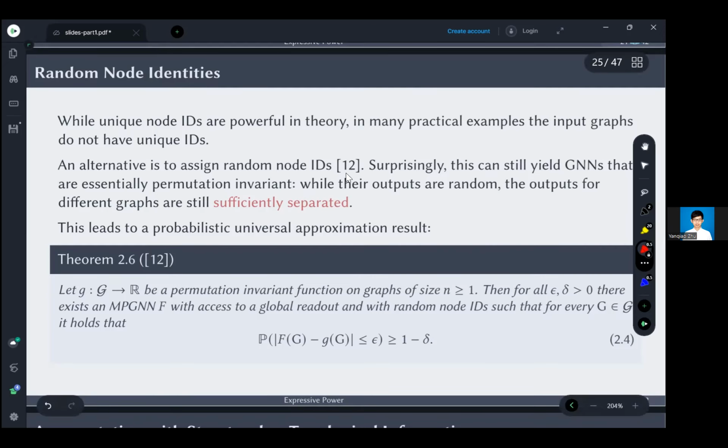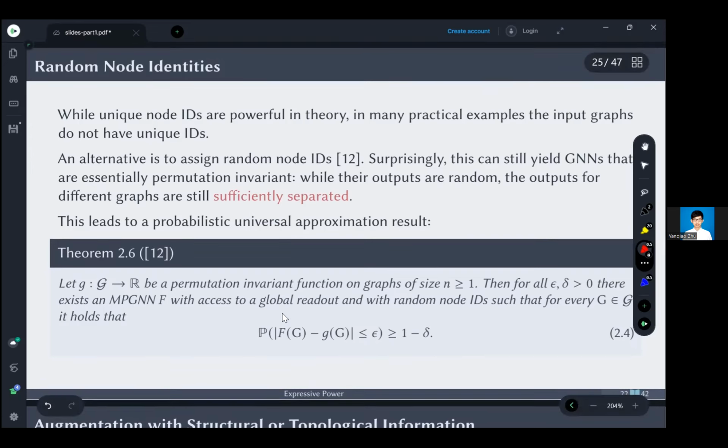This paper claims that if you assign the node identities, meaning you use the node identities as the node features, this kind of random initialization will still yield a graph neural network model that is permutation invariant, but not in a deterministic manner. It is in a probabilistic manner: the outputs will be random, but the outputs for different graphs will still be sufficiently separated from each other.